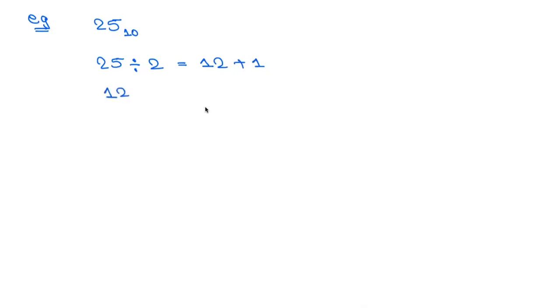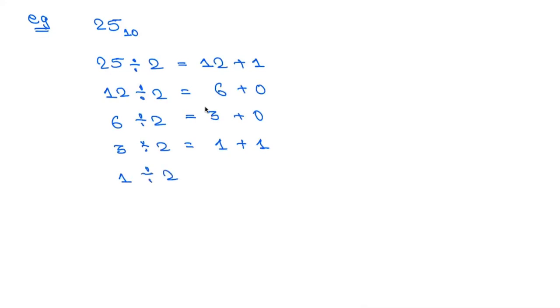If we progressively divide, what will remainder? 12, then we will divide by 2. It will give us 6 plus 0 remainder. Then again 6 को divide करेंगे. 6 divided by 2, it will give us 3 plus 0. Again 3 is divided by 2. What will be remainder? 1 plus 1. Right? Then 1 will be divided by 2. What will be the remainder? Right? Now again, if you divide 0 by anything, it will always give you 0. Right? So we will end here.